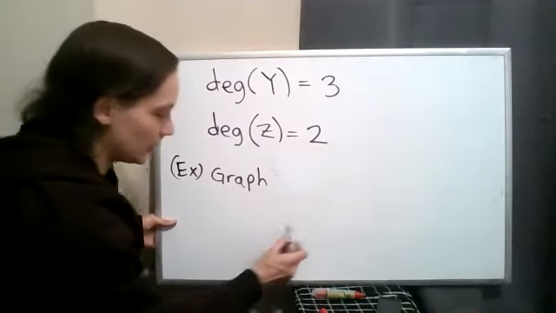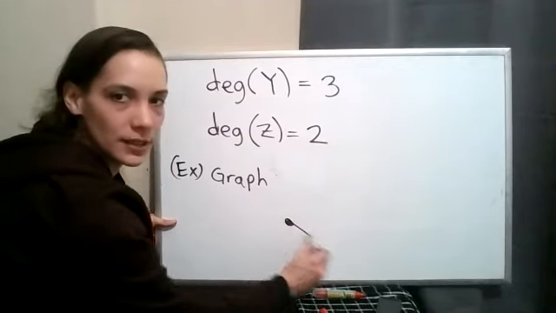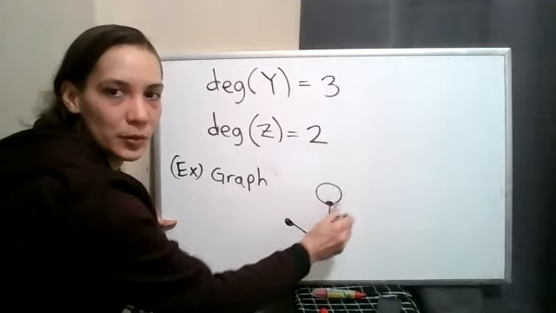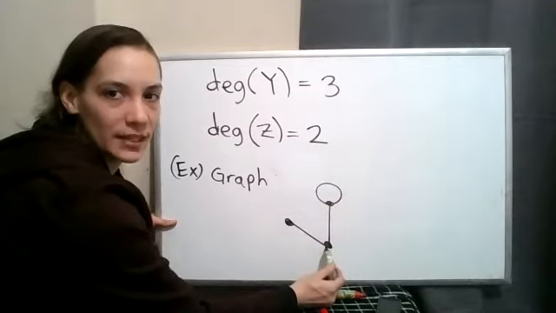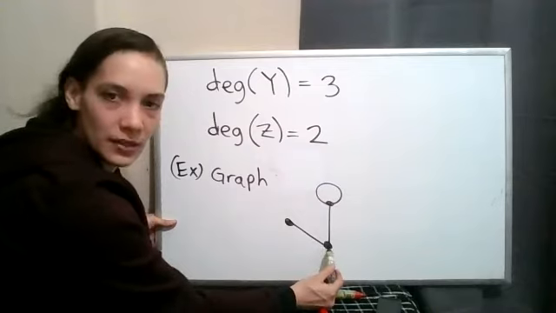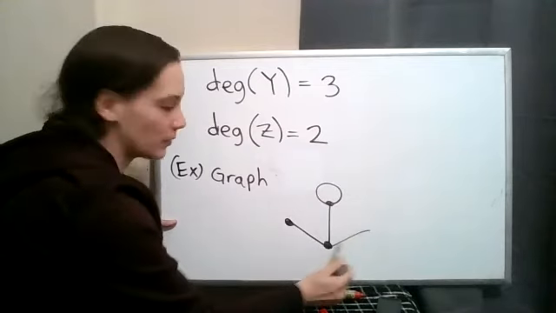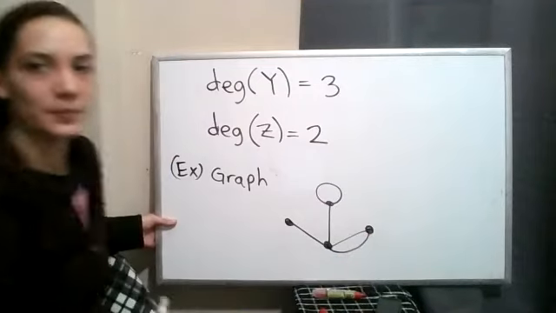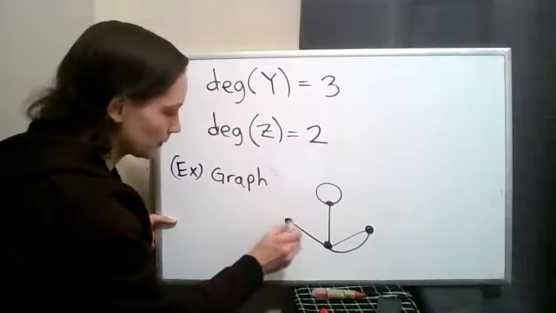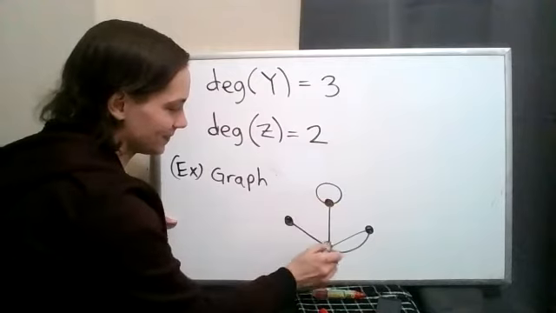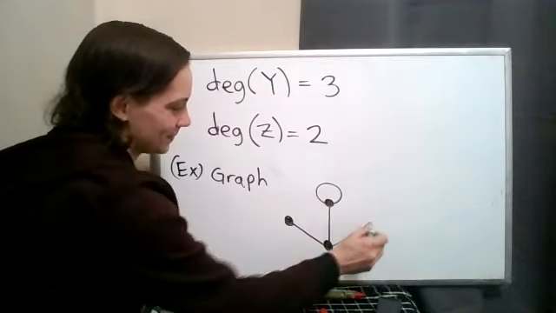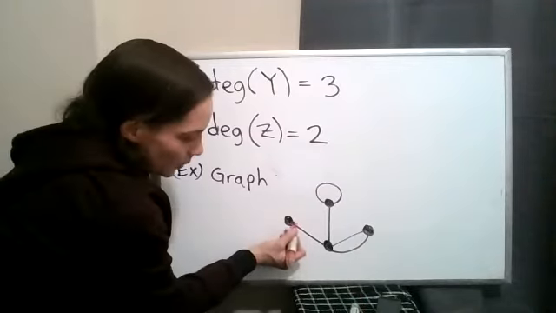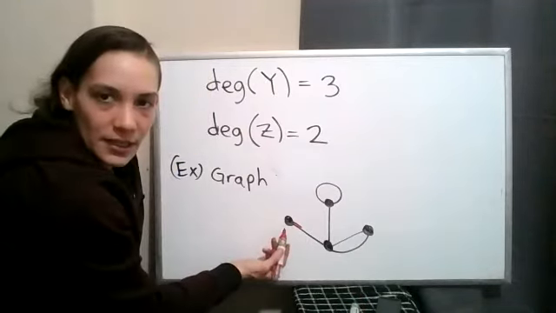With a vertex that goes here. This vertex comes up and has a loop. Then we go back down to that connection and multiple edges, and we're good. So right here is one edge connected to that vertex, so degree 1.